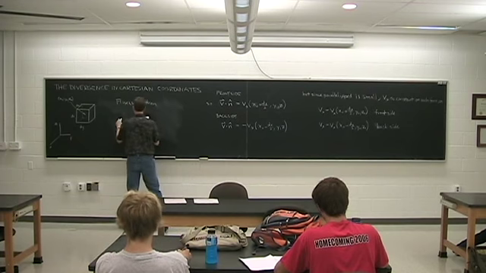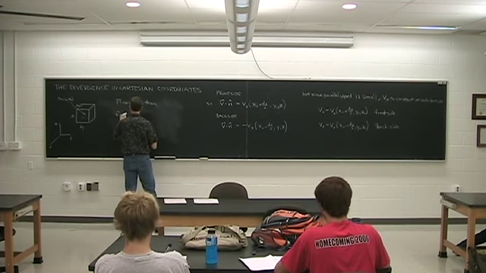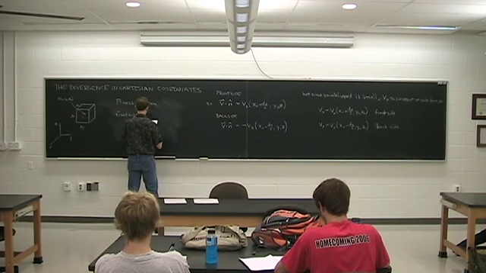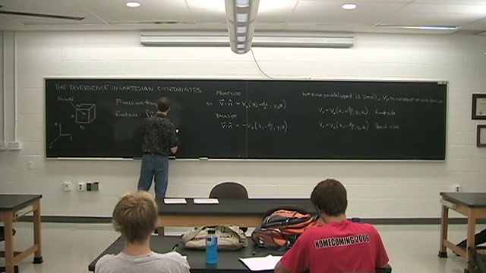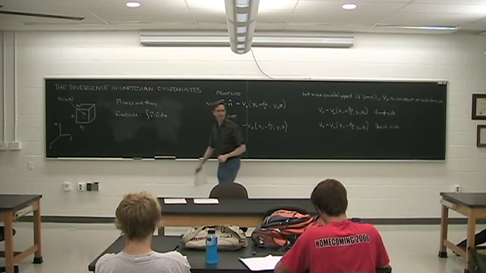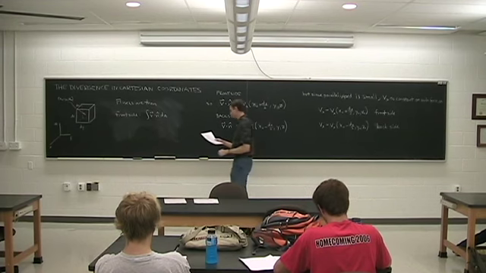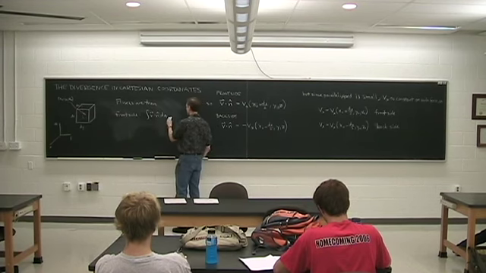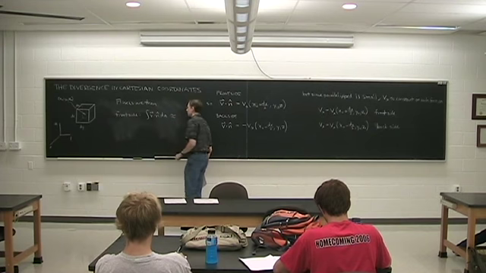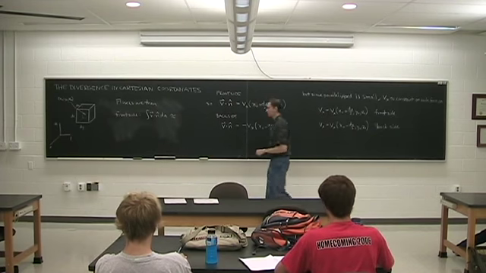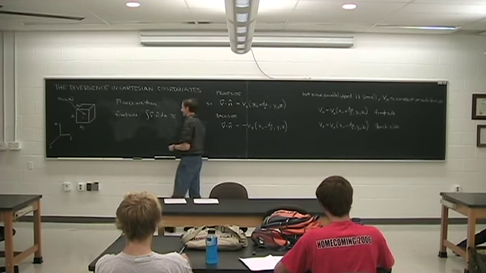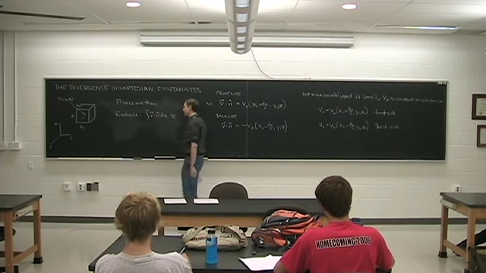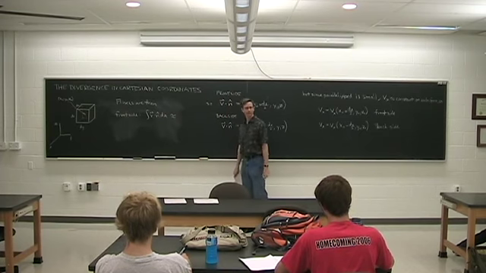So the flux through the front side. Flux is the integral of v dot n hat dA. But in this case, we're saying that our little rectangular parallelepiped is small, and so therefore we can say that v dot n hat is very nearly constant on that face.